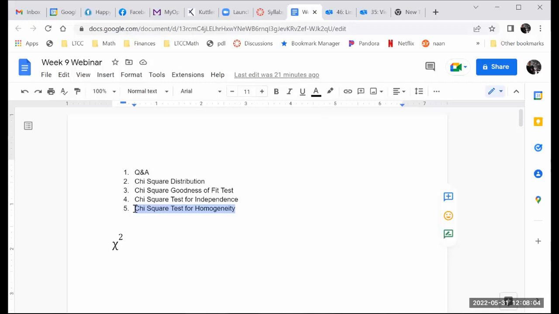And the question is, is the distribution of majors the same for men and women? Or maybe not. Does that make sense? I would guess that there's a difference, but until I looked at data, I couldn't tell. Any questions on that? So those are the chi-square tests.